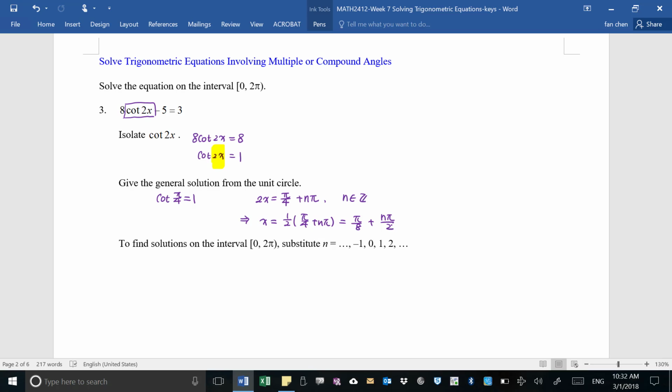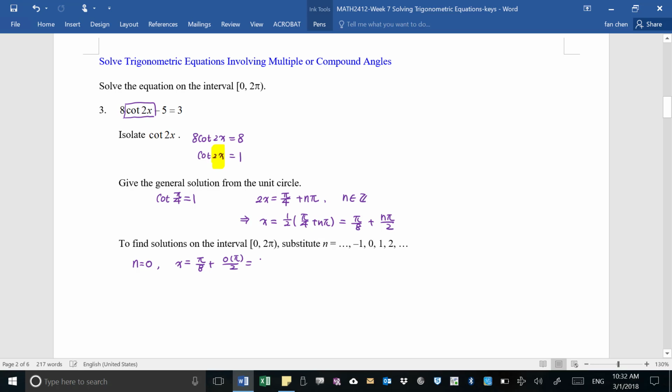But this question asks you to find the solutions from 0 to 2pi, so you are just going to substitute n equal to some integer and see if it is in the interval.